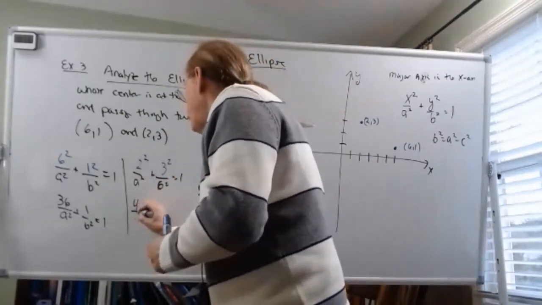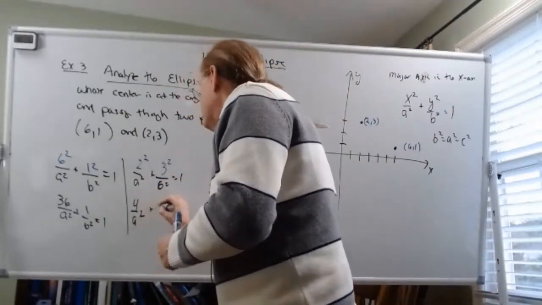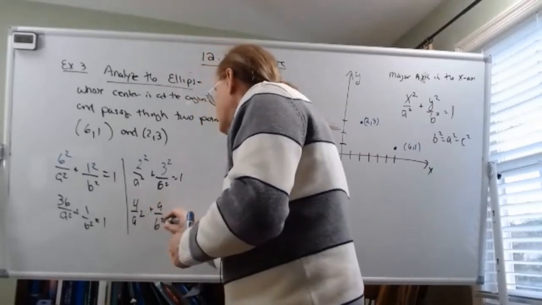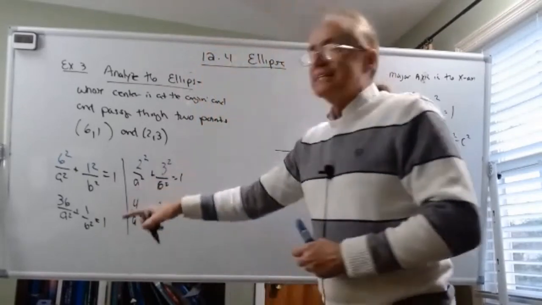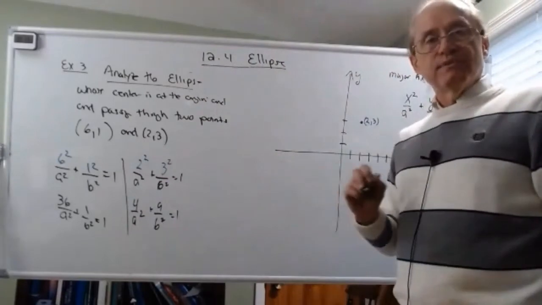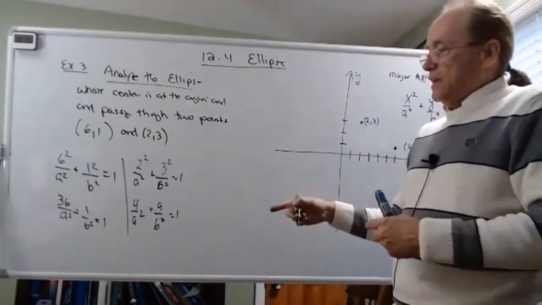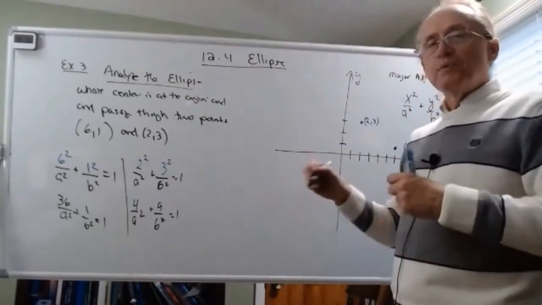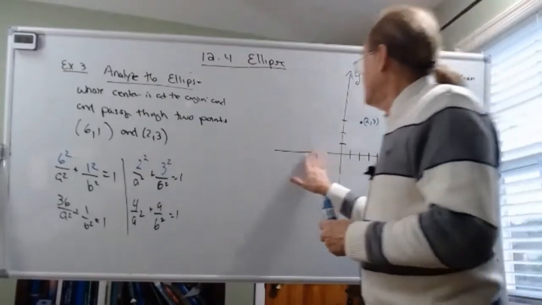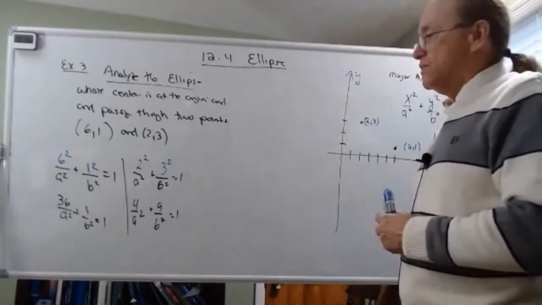Or I get 4 over a squared plus 9 over b squared is equal to 1. This is a nonlinear system of equations. Now, if we wanted to, we could put this into Desmos and find the answer, but I want to do this algebraically.